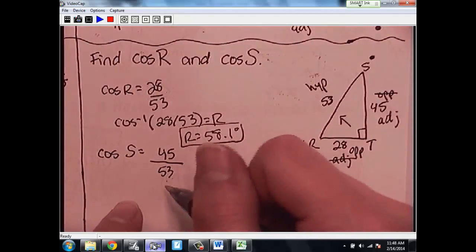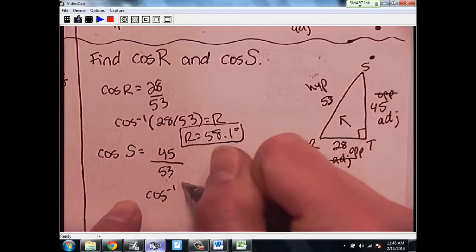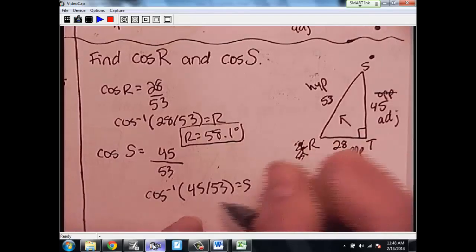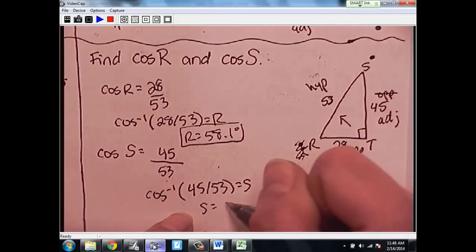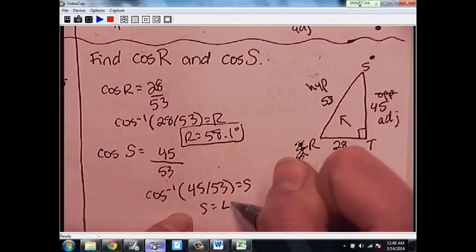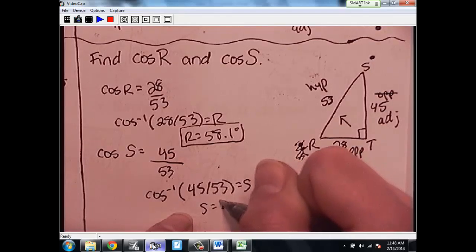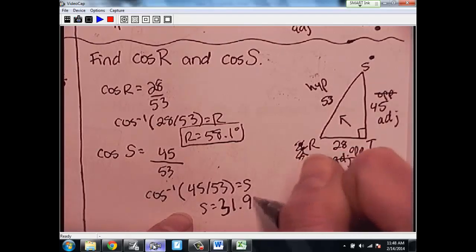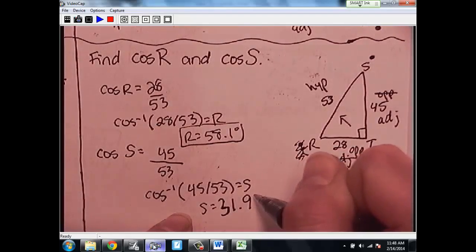To solve for S, we go cosine inverse, because it's an angle which lies inside the triangle. And so S equals 31.9.